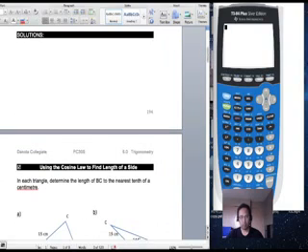Okay, so let's split this up into A and B, and we'll put A here and B here.